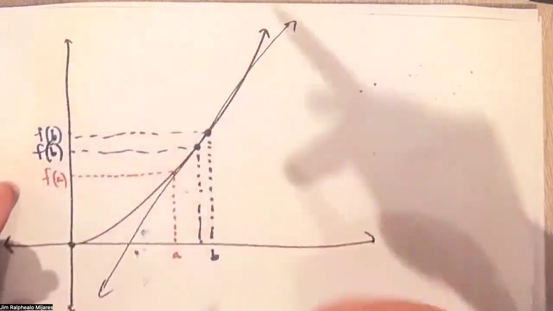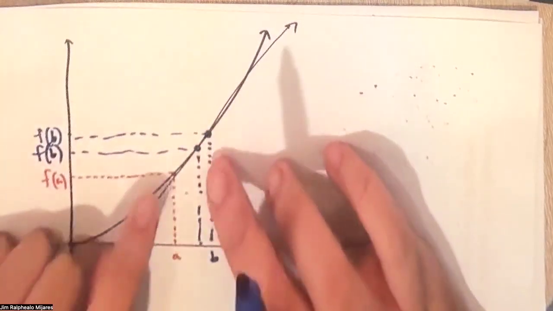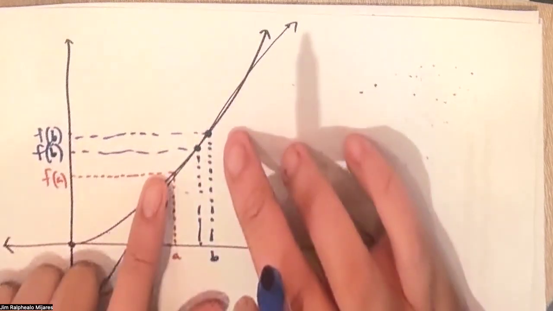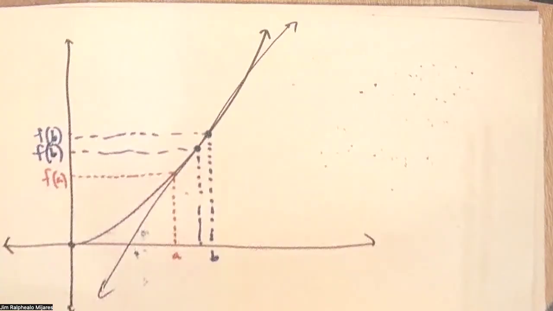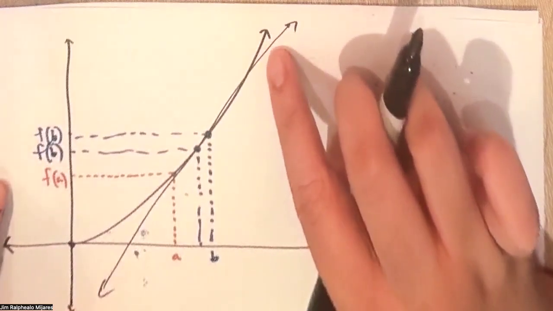Okay. And you can imagine that this, like before, goes closer and closer to A, this time from the right. But the calculation for the slope is the same.